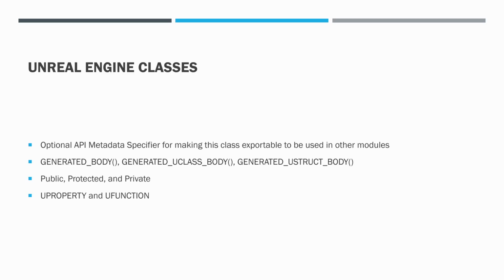Of course, if it doesn't have that UPROPERTY or UFUNCTION, it's going to be invisible to the Blueprint system. So as we're building stuff out, we have to think about what does Blueprint need to see, what do we need to call, what might be internal to C++ only, and what might we need to expose to Blueprints, and we'll mark those correctly with UPROPERTY and UFUNCTION.